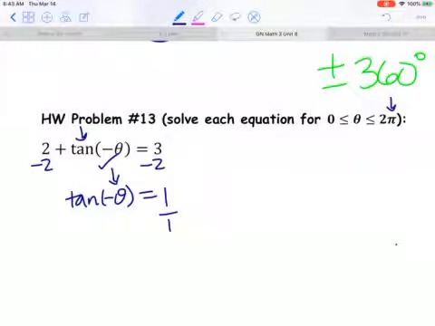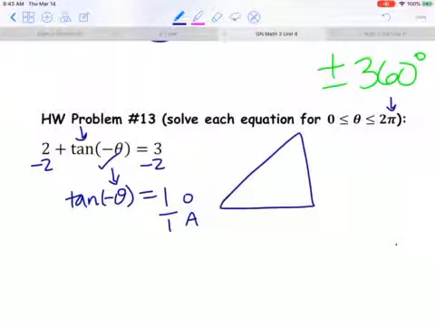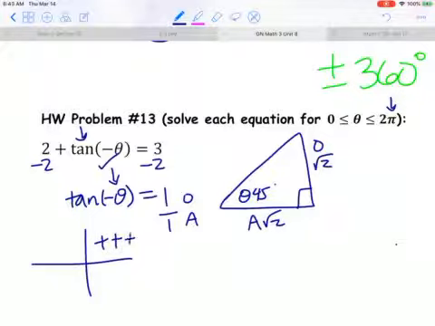We're going to make this a fraction over 1, and we happen to do this one already. We want a triangle where the O and the A are the same, which is a 45. Looking at our quadrants, these two quadrants right here are the only times you get tangent as positive, so we're looking at quadrant 1 and 3.